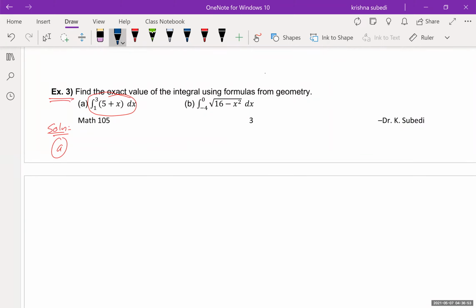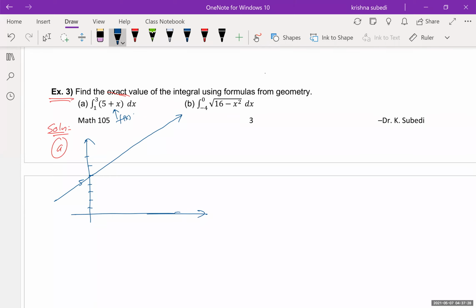If I draw the graph for this function, 5 plus x from 1 to 3, you know how to draw the graph, right? So 1 2 3 4 5 there, and this is your 5 here. So basically the graph will be like this. Let us suppose that this is our function f of x, or y for that matter.